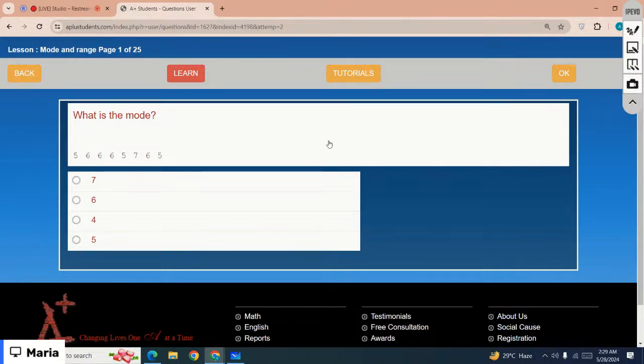The correct option is 6 because 6 appears most of the time in the given data. So the mode value is 6.